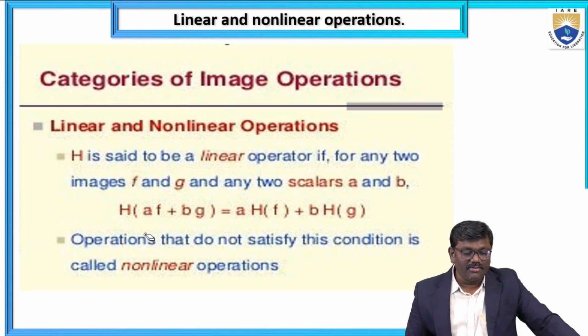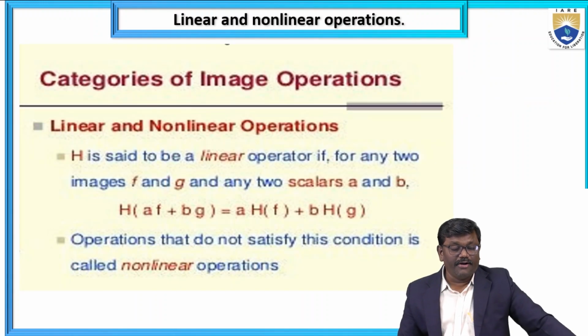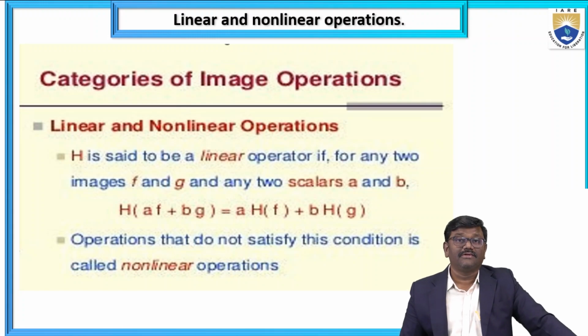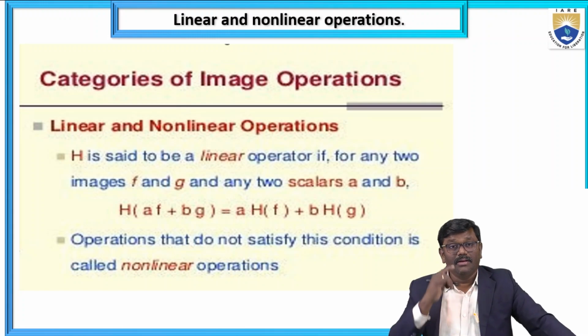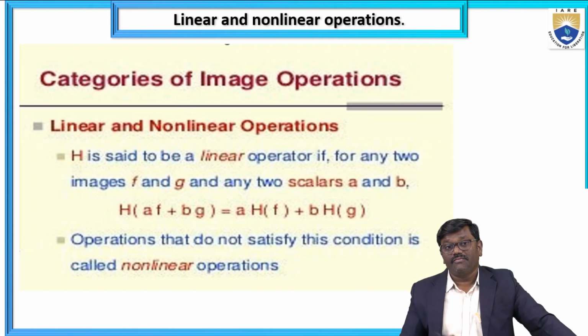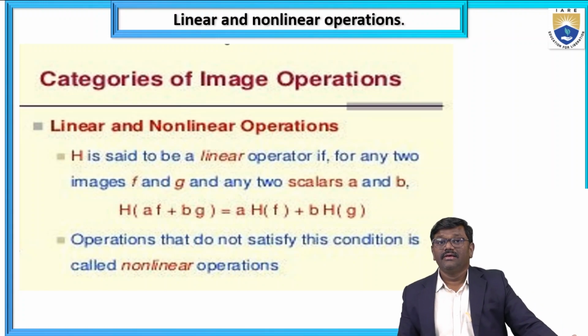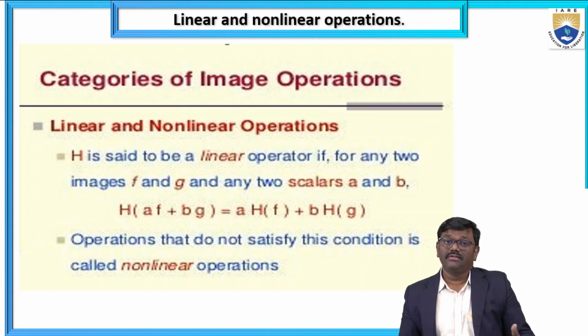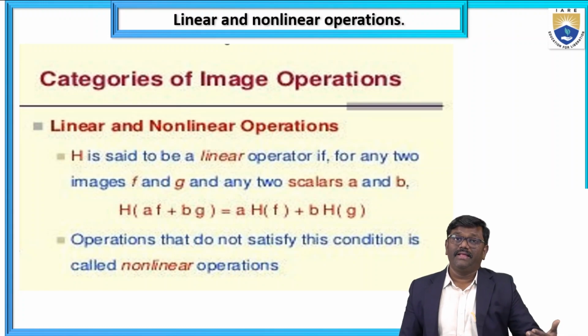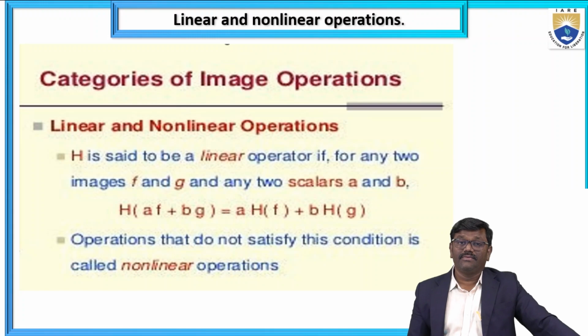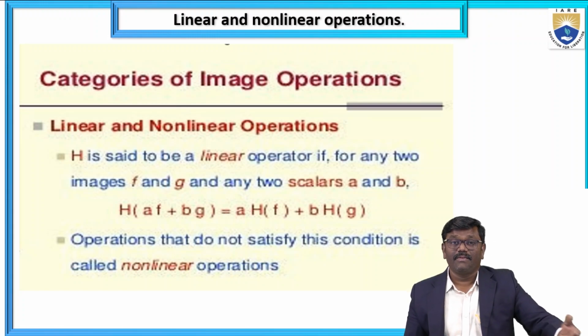Right. So coming to some operations between linear and non-linear under the categorization of image operations. So far we concentrated on linear operation as well as non-linear operation. But where do we apply the categorization of image operations? What are the image operations we said with the help of the previous slide?